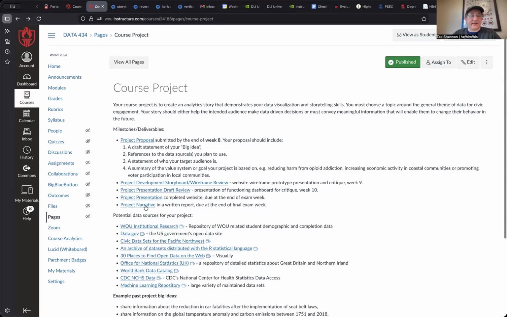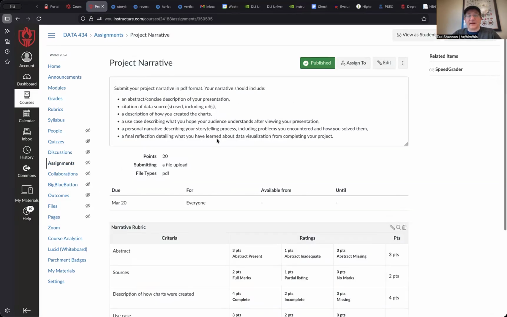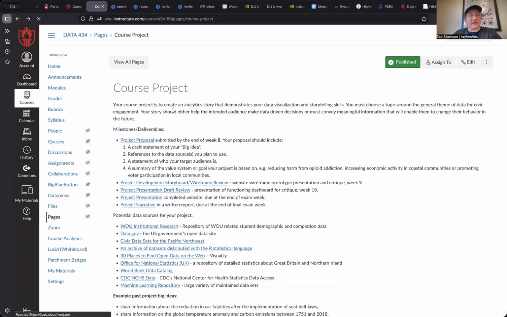And then the project narrative is asking you to reflect about the process and what happened. So you'll need an abstract, citation of your sources, description of what you created, and then a full description of what you hope your audience gets from it, along with a narrative of the experience of trying to tell this story. So that's the overview of what's left in the course.